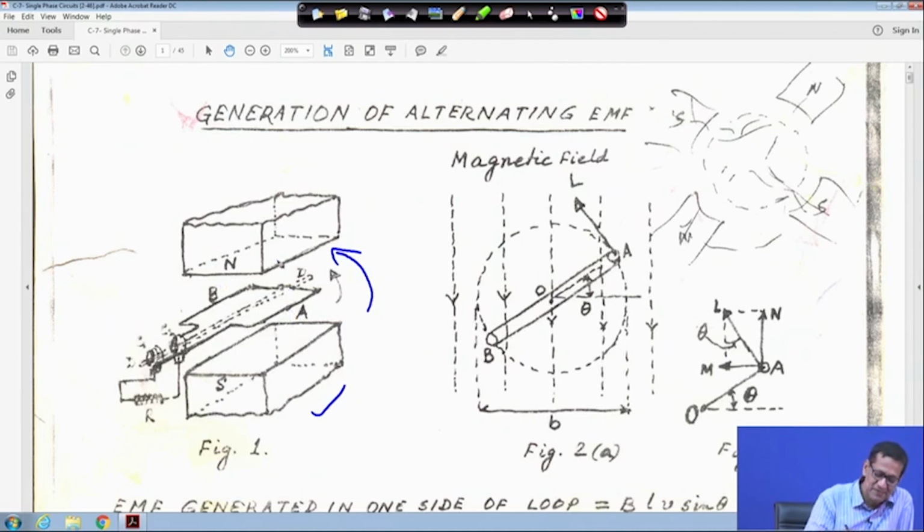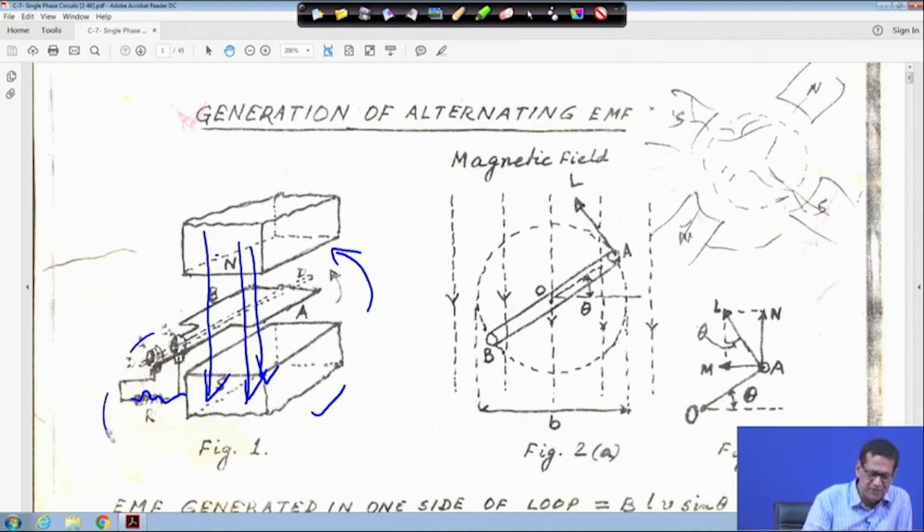So, flux is going downwards from the N pole to the S pole, and then this coil, this is one side of the coil, this is the other side, assuming it is a single turn, and with that one resistor is connected here, such that whatever voltage is generated, the current will flow, right.